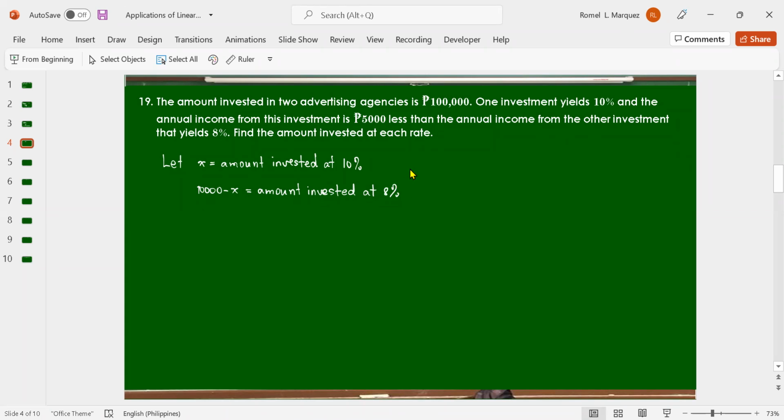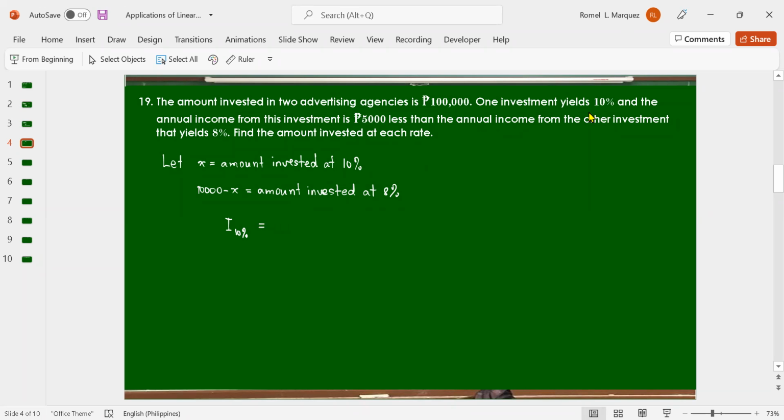So one is 10%, the other 8%. The annual income, meaning the interest, on the 10% investment is equal to what?